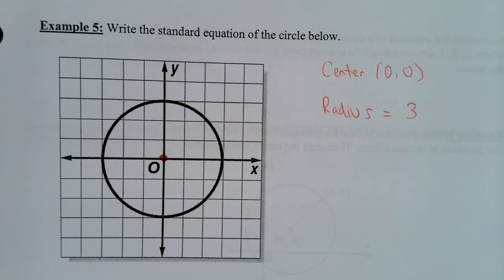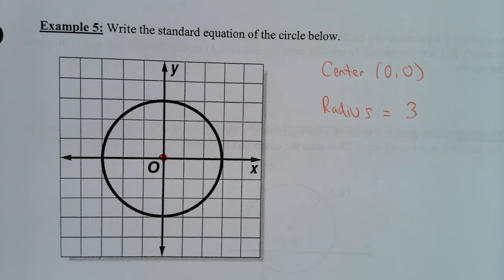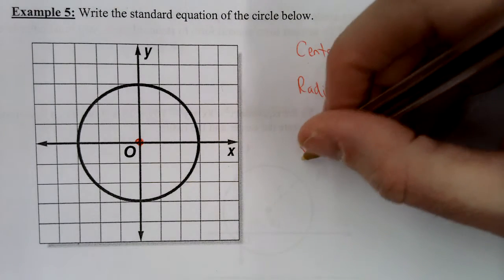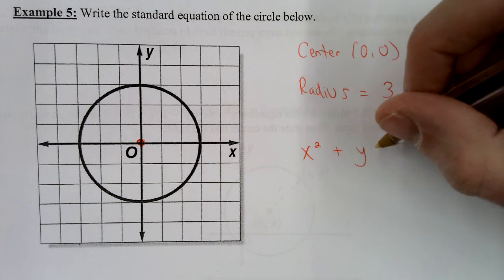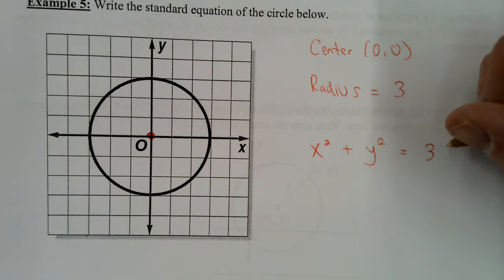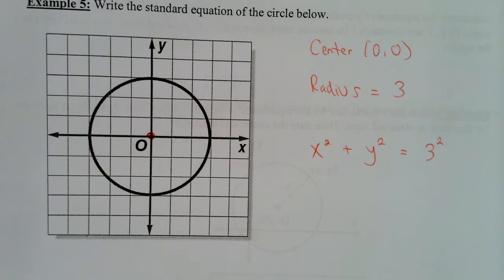So when I write my equation, you can think of it like x minus 0 squared plus y minus 0 squared, but you don't have to write the minus 0. So I'm just going to go right to this. I'm going to say x squared plus y squared equals 3 squared. And you're going to make that 9.